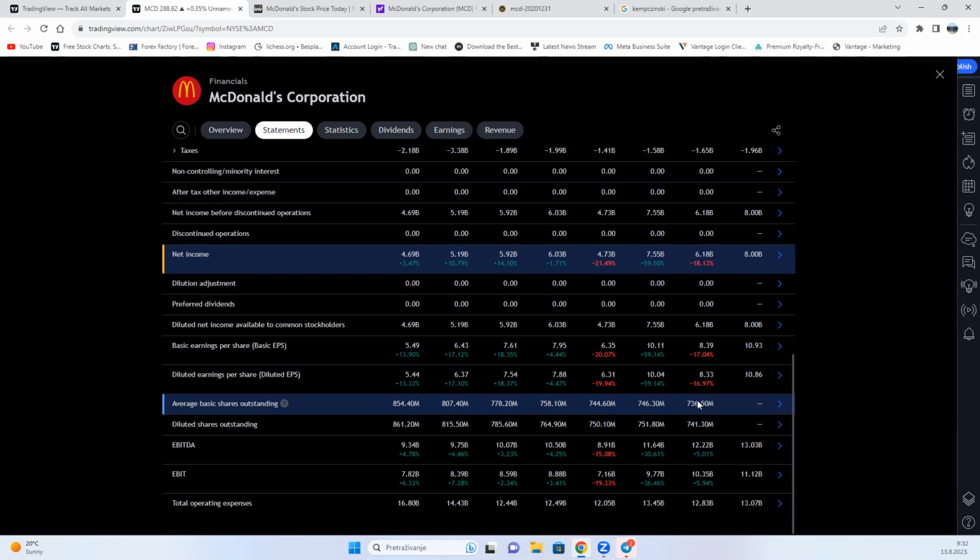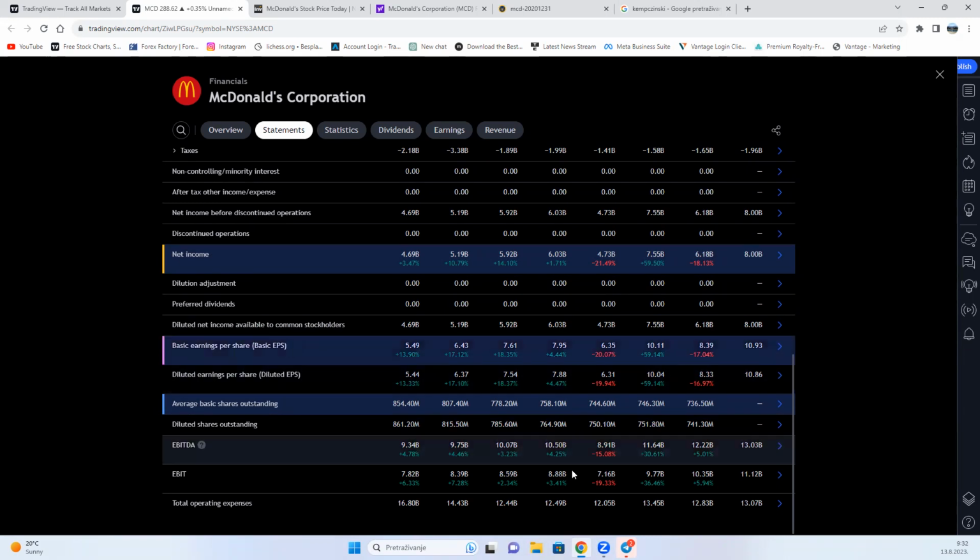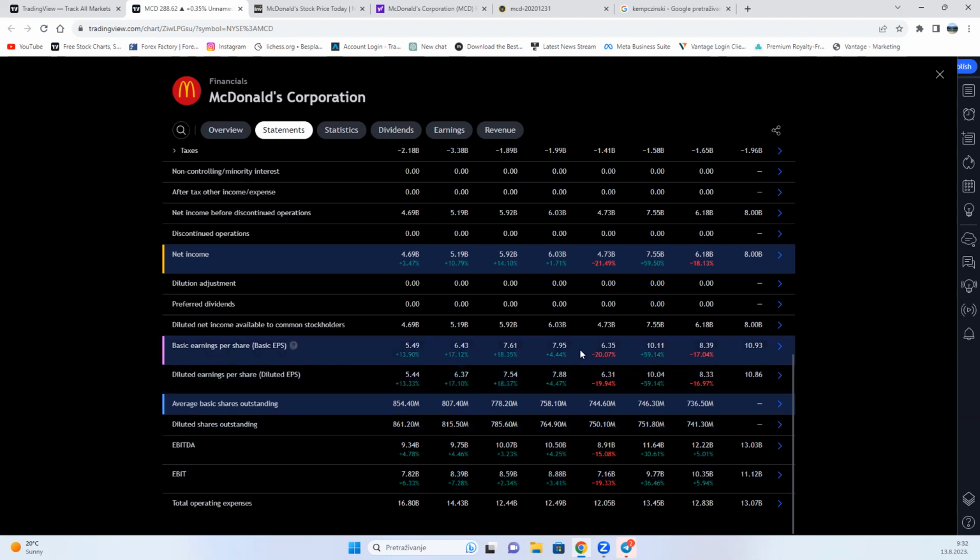Now, share buyback is something that companies, not all, but frequent companies use to pump up their stock price. Why is this? Because this gives them higher earnings per share. Earnings per share means how much a stock has earned if you look at a single share. This is an important metric.